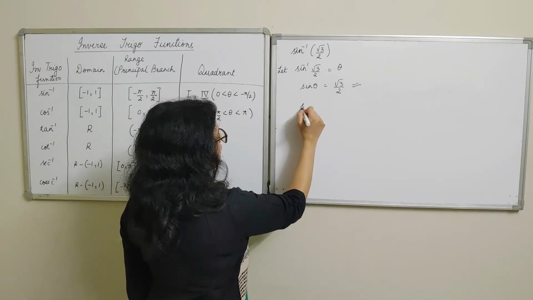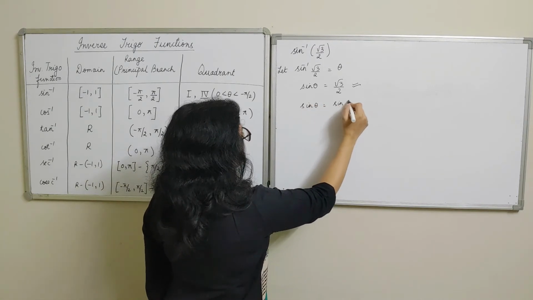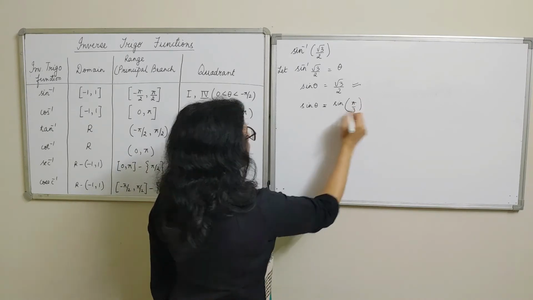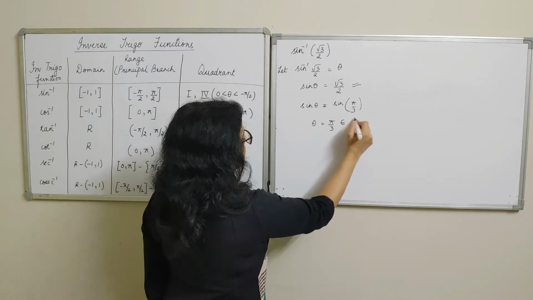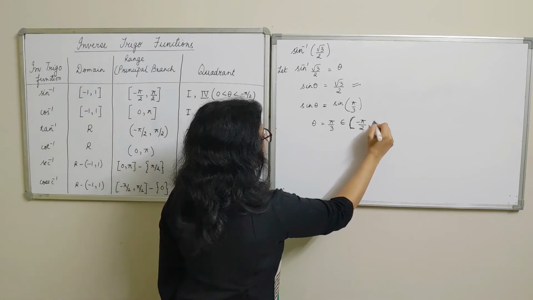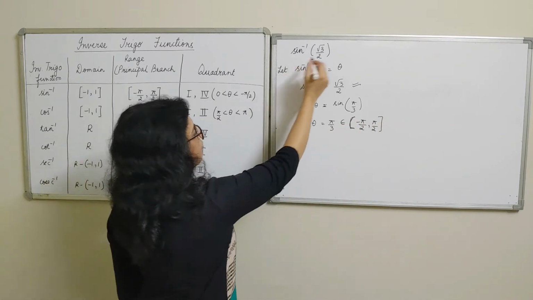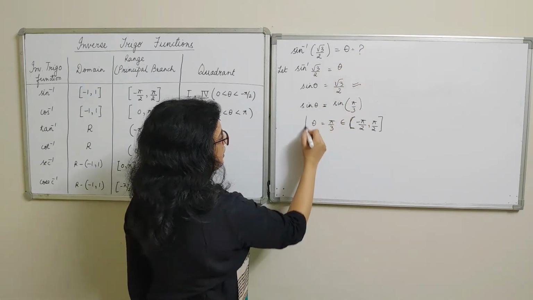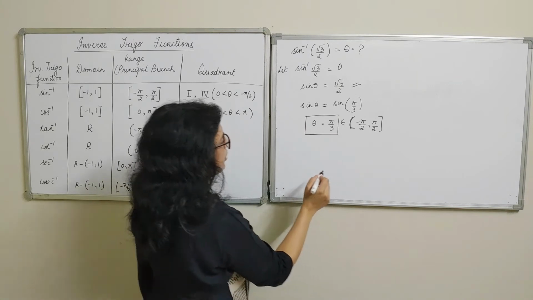And we know according to this, we write the step that sine theta is sine of pi by 3. So we know that theta is pi by 3, and this angle belongs to the principal branch of the sine inverse function.